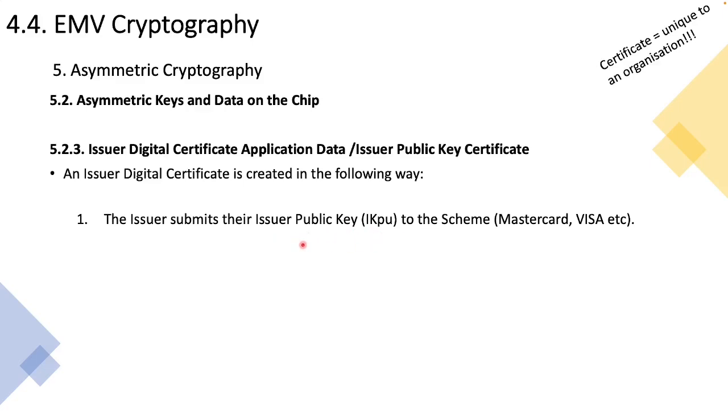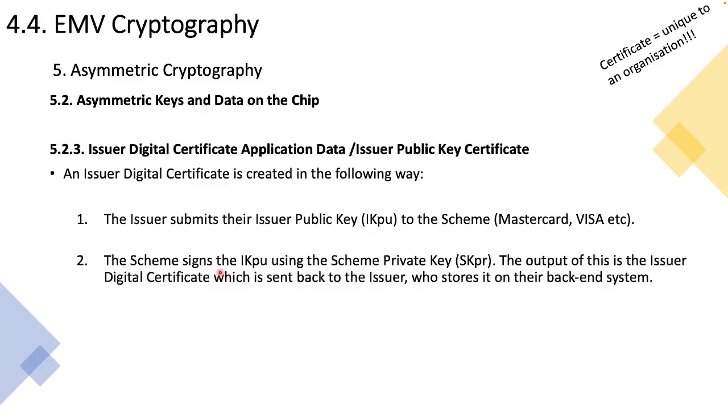Remember we said that each issuer will have a key pair, right? So they've got an issuer key pair, IKPR, which is a private key, and IKPU, which is a public key. The issuer will never ever disclose the private key. That's always maintained on the backend system and kept secure. But what they will do is submit the public key to the relevant scheme, to MasterCard, Visa, etc.